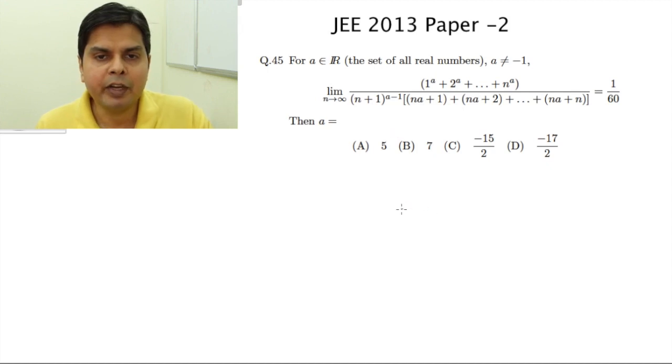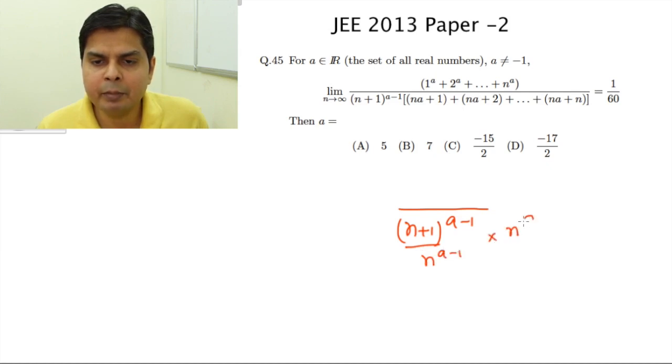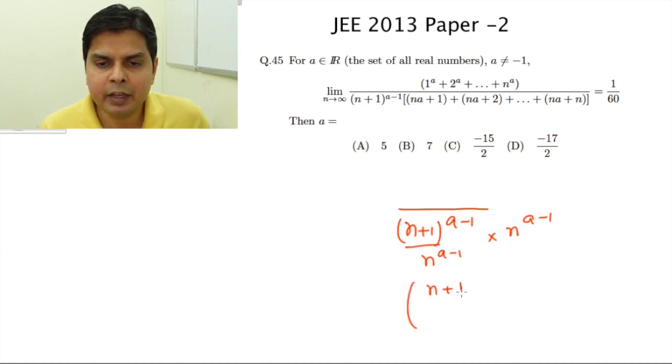in this denominator I have been given, let's write this denominator first, n plus 1 to the power a minus 1. I will divide it by n to the power a minus 1 and multiply it by n to the power a minus 1. I am doing everything in the denominator. So what will happen? I will get this as n plus 1 by n to the power a minus 1.